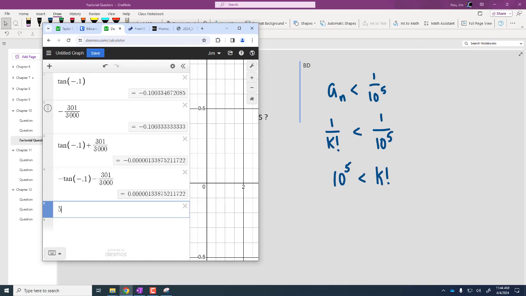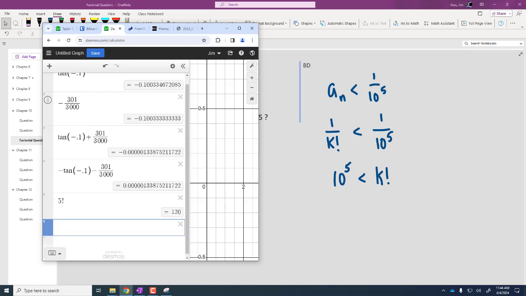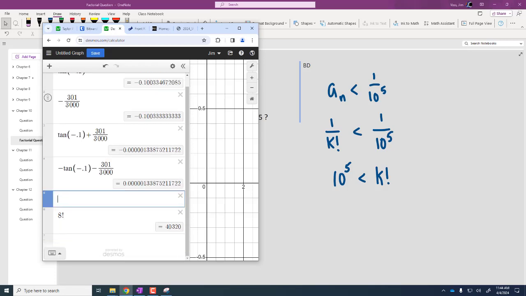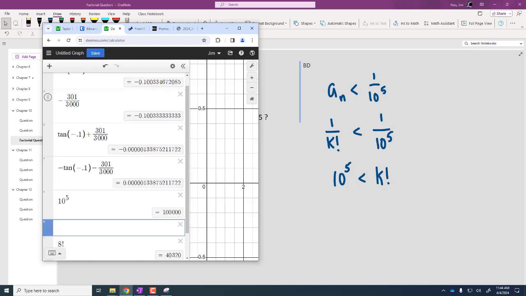So if we do something like 5 factorial, we get 120. You could then just multiply that by 6. Here it's simple enough to do on this computer. And 10 to the 5 is 100,000.